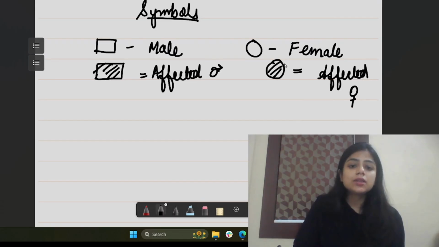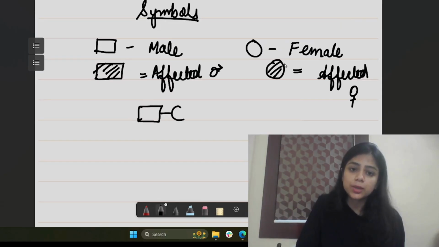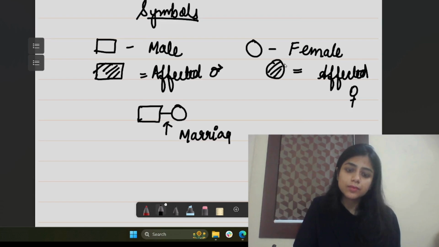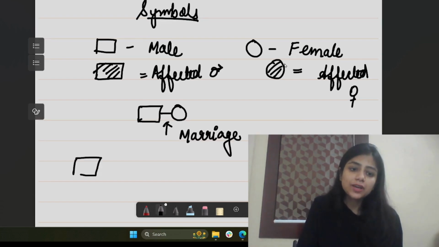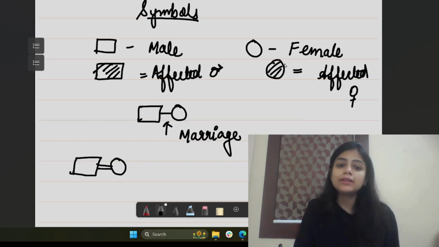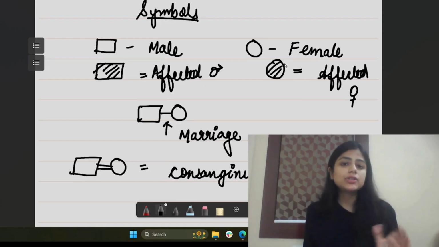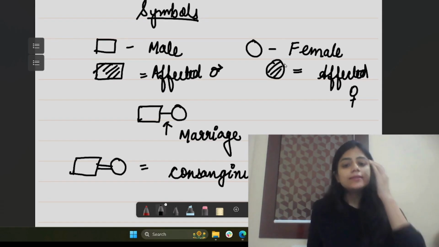Now, if there is a marriage between the male and the female, it is denoted by one horizontal line. This is called marriage. However, if two horizontal lines connect a male with a female, that is called consanguineous marriage. That means whenever the marriage takes place between relatives, it is called consanguineous marriage.